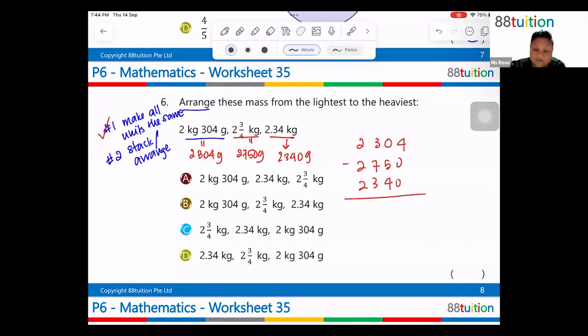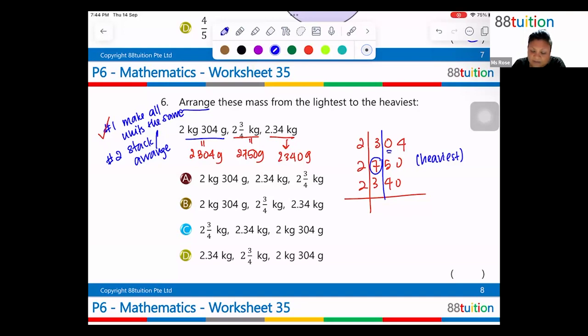So I have to start comparing between the first column. They're all the same, right? So I look at the second column. Second column has a 7 in the hundreds place. Since 7 is bigger than everything else, this is the heaviest. Which one is the lightest?